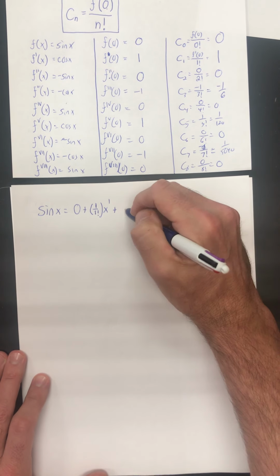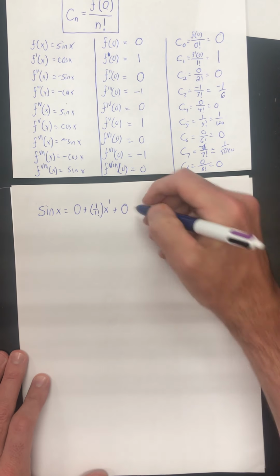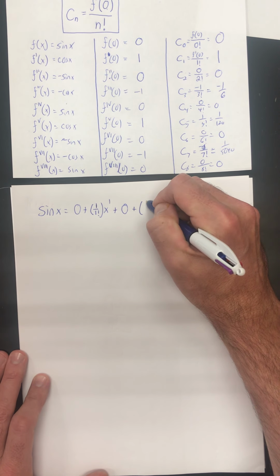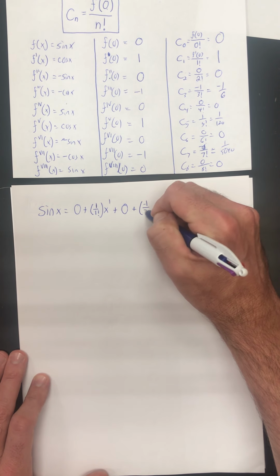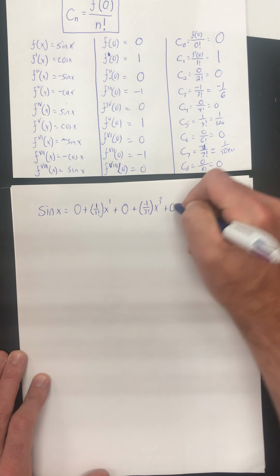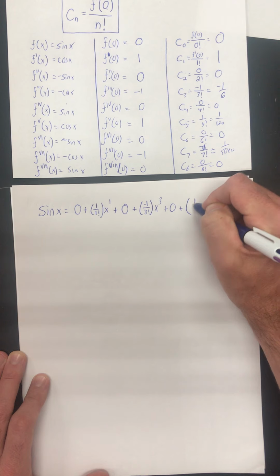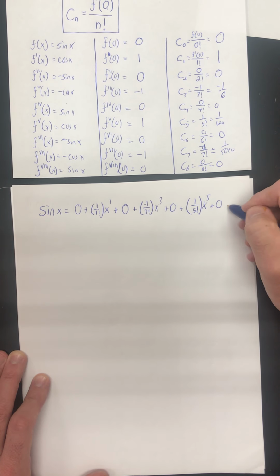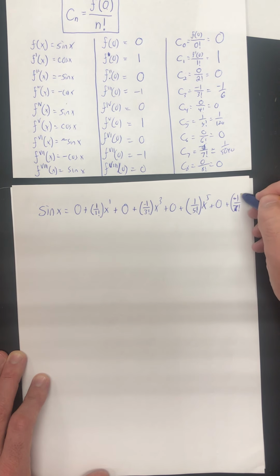The next one is just going to go to 0, so I'm not even going to write it. And then plus negative 1 over 3 factorial x to the third, plus 0, plus 1 over 5 factorial x to the fifth, plus 0, plus, that's a negative sign, 1 over 7 factorial x to the seventh, plus dot, dot, dot.